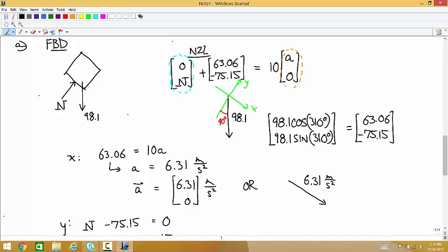It might not be enough to make it slow down, but it at least will make it speed up less. It's also possible that friction will be enough to make it slow down. So we're either going to have an acceleration vector in this same direction with a smaller value than 6.31, or we're going to have an acceleration in the opposite direction.